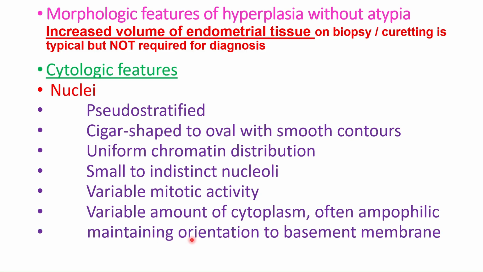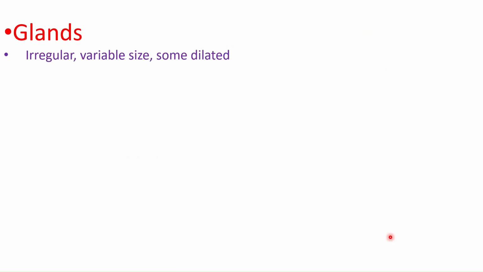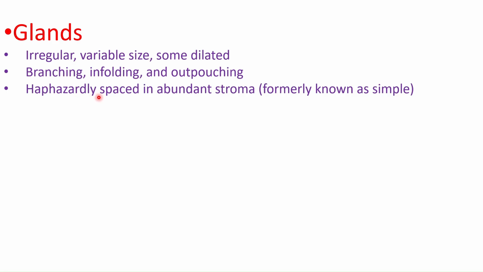So here there is maintenance of orientation to the basement membrane. So polarity is maintained. If we see glands, they are regular, variable in size, and some dilated, branching, with infolding and outpouching, haphazardly spaced in abundant stroma, formerly known as simple.